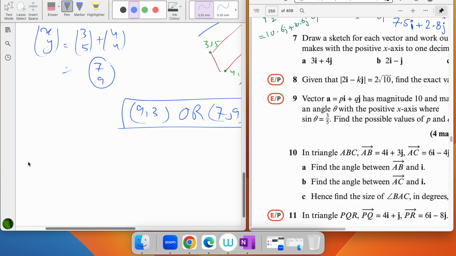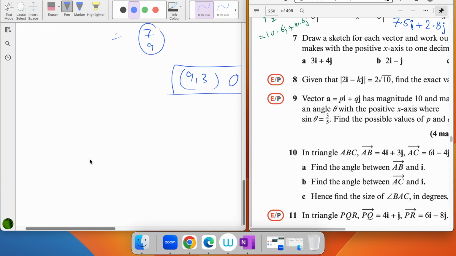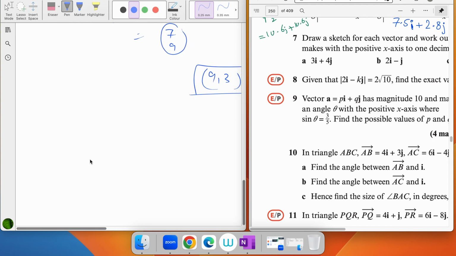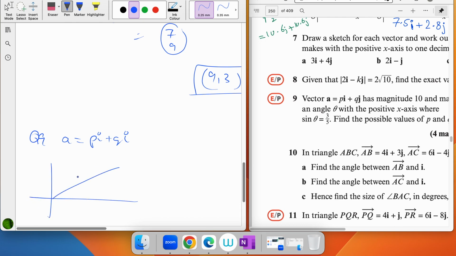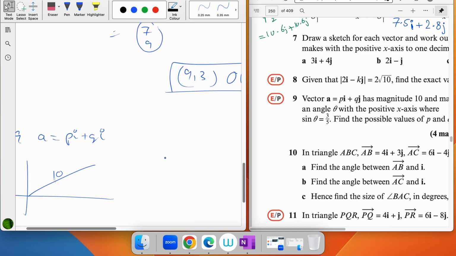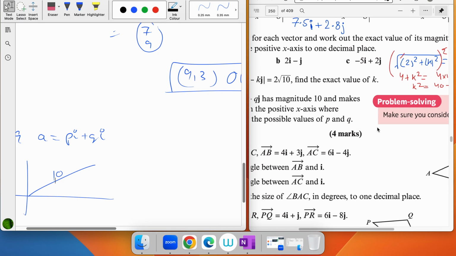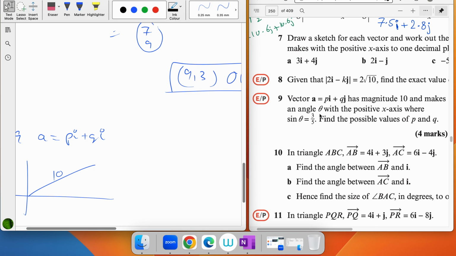Question 9 tells you that A is a vector which is Pi plus Qj, and there is some information given that the magnitude is 10. So whatever this would be, this length would be 10. I'm just assuming that P and Q are positive, and it says angle theta with the positive x-axis where sine theta is 3 by 5.